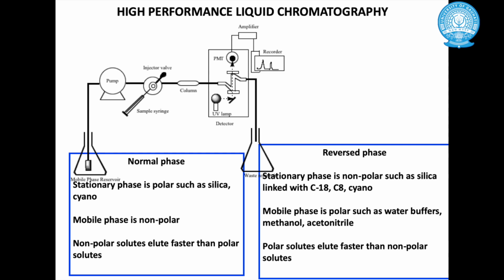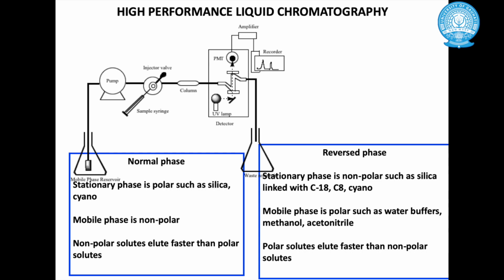So in order to counter that back pressure, a high pressure pump is required to push the sample through the column, and when the sample passes through the column, different compounds are separated depending upon their polarity and their interaction with the packing material. And when it comes out of the column, different types of detectors can be used depending upon the nature of the compound to detect them.